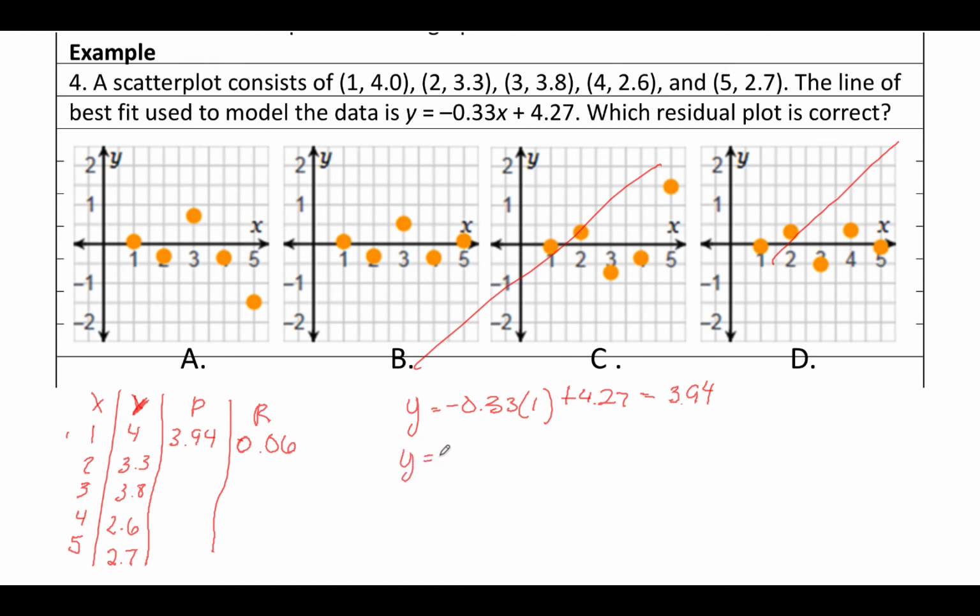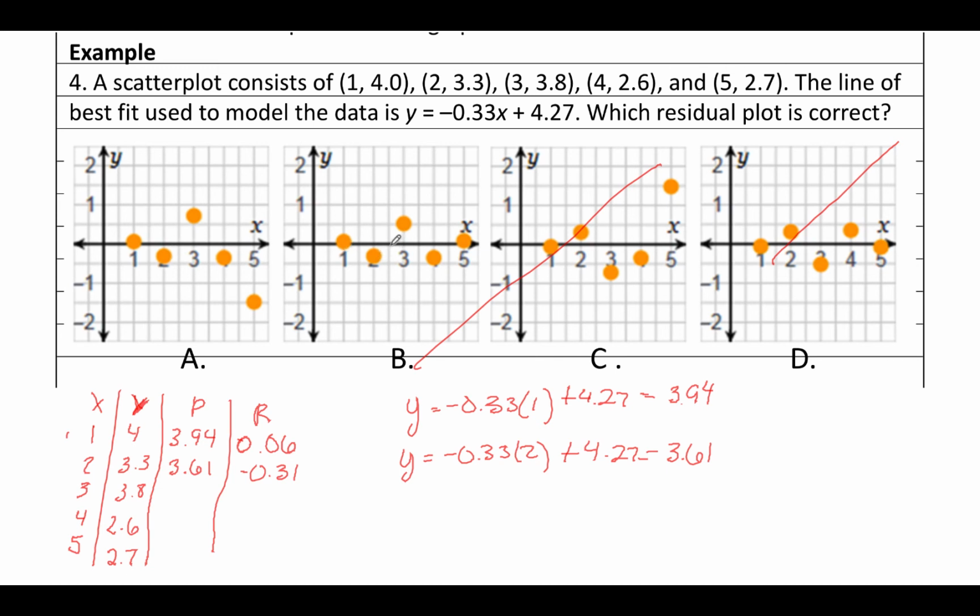So y equals negative 0.33 times 2 plus 4.27 equals 3.61. Then we're going to take 3.3 minus 3.61, and we're going to get negative 0.31. Okay, well, these both look like negative 0.31.